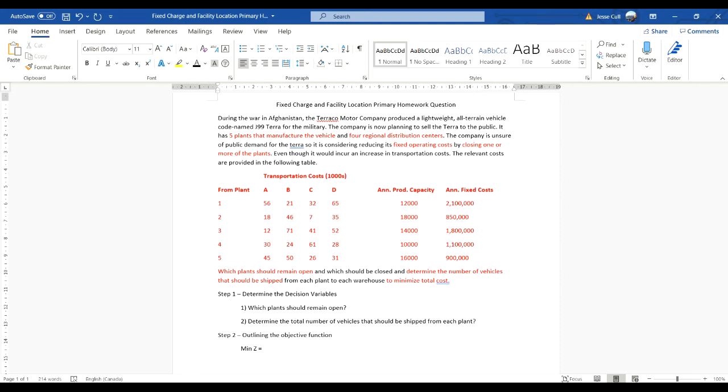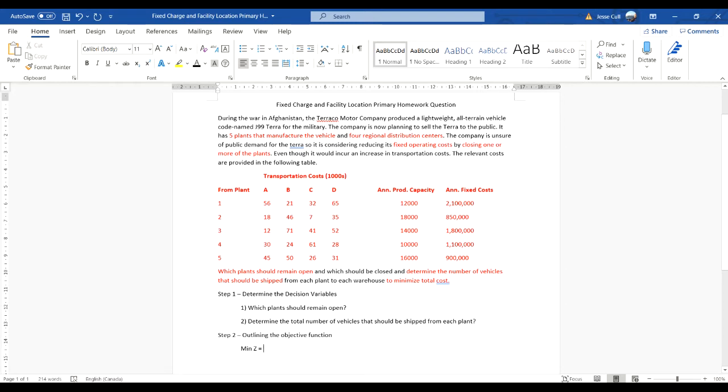Now, determining total cost is also relatively complex. We can see there are 1, 2, 3, 4, 5, 6, 7, 8, 9, 10, 11, 12, 13, 14, 15, 16, 17, 18, 19, 20 different shipping routes.